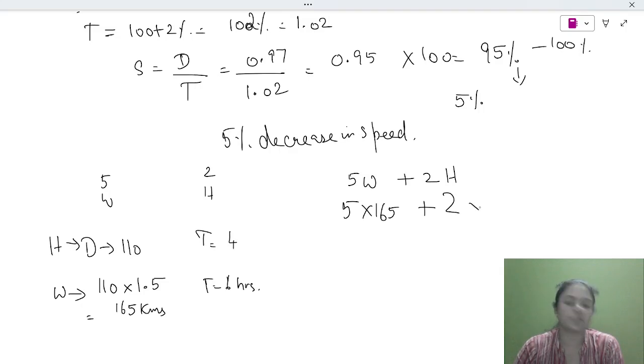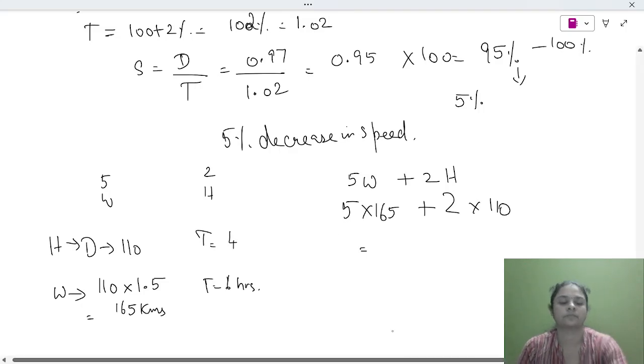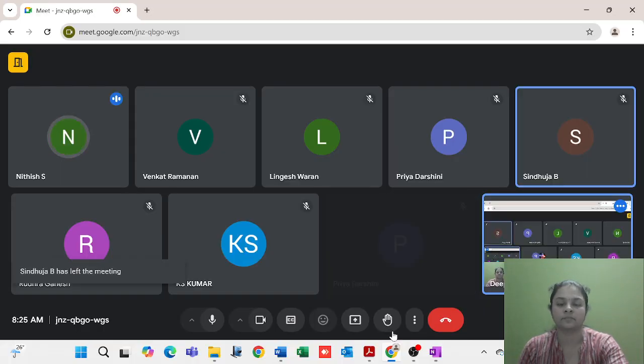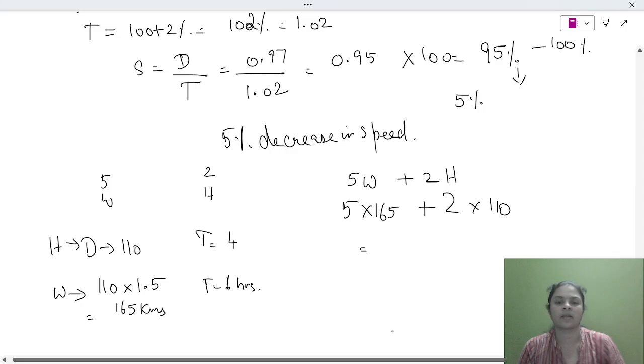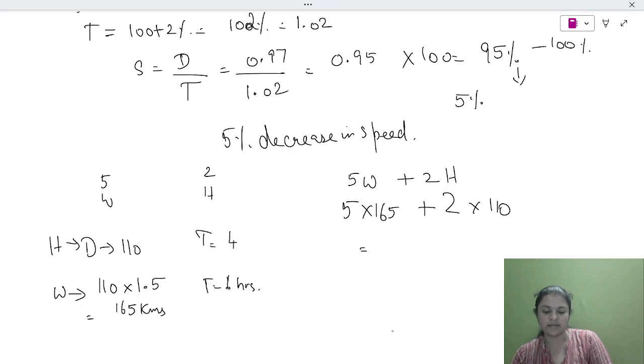5 into 165 plus 2 into 110, which gives you a total of 825 plus 110 into 2, so 220.